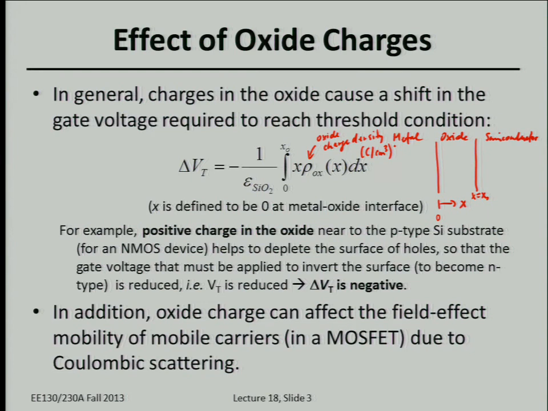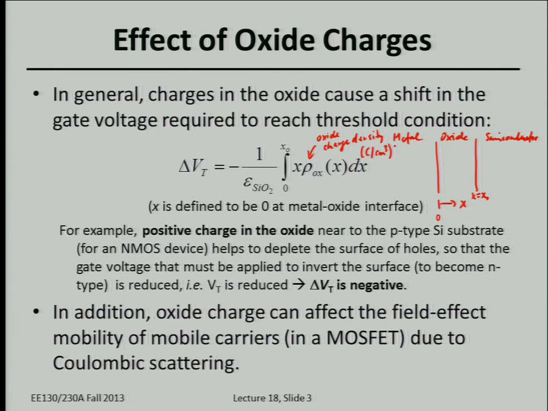And then you want to attract mobile holes to the surface to invert the surface to become P-type. Okay, so does it become easier or harder to invert the surface if you have positive charge in the oxide in this case? Harder. That means you have to apply even more negative gate voltage to invert the surface, right? So this shift in VT is the same sign, no matter if it's N-type or P-type silicon.